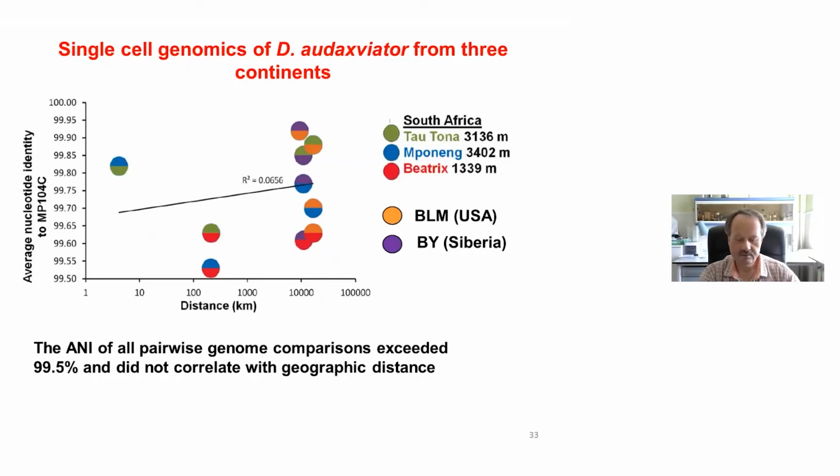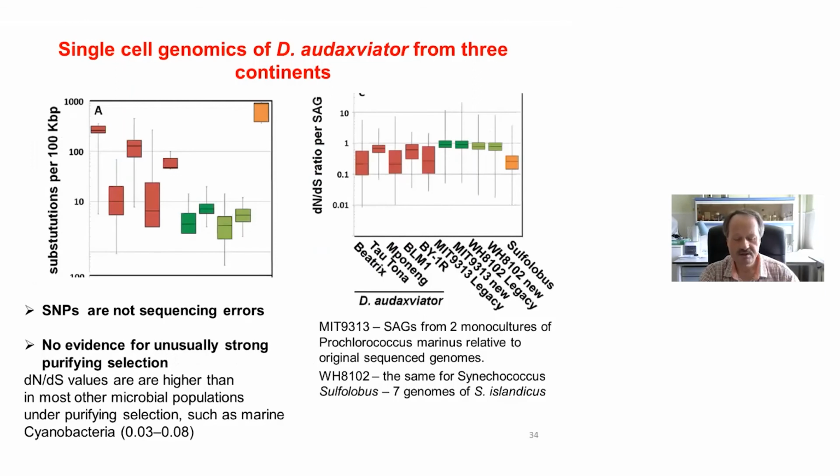The average nucleotide identities of all pairwise genome comparisons exceeded 99.5%, and it didn't correlate with geographic distances. The differences between genomes from two South African sites were higher than, for example, between North American and Siberian sites. Of course, we checked that SNPs are not sequencing errors, but true polymorphisms.